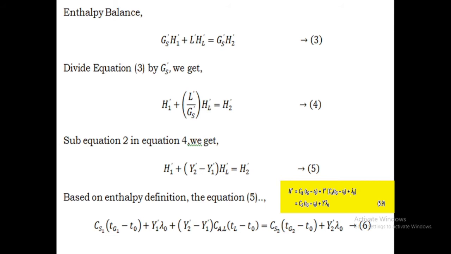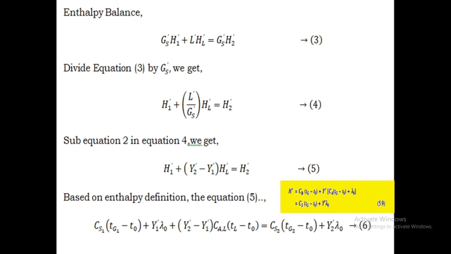So here, based on the enthalpy definition, equation 5. This equation is taken from the important terminologies used in humidification. Enthalpy is one of the important properties used in humidification operation. So what is the enthalpy formula used in humidification?